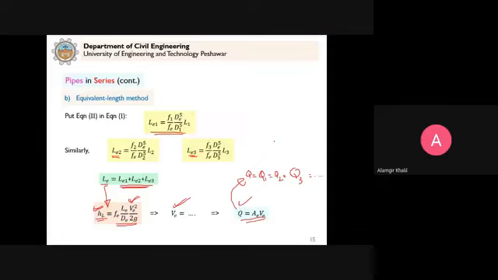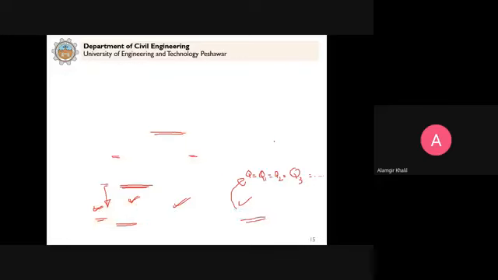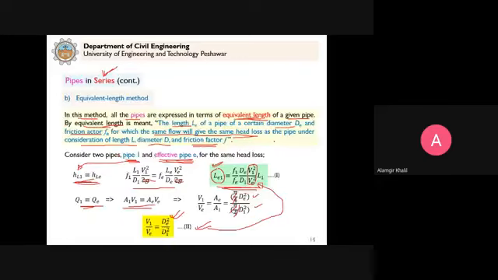So essentially in this method what we are doing is expressing the length of all the pipes in terms of an effective pipe E. And this effective pipe E, as we will see when we solve a problem, can be one of the 3 pipes.